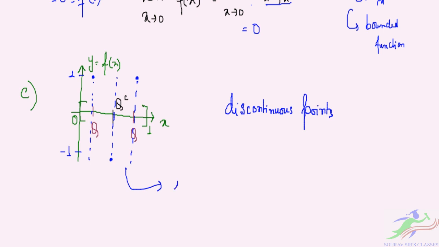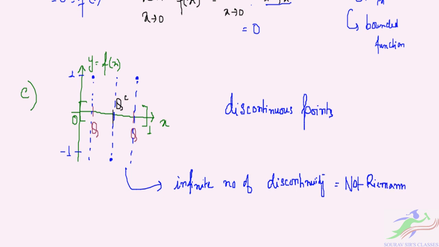We will get an infinite number of discontinuities. If we have a finite number of discontinuities, then you can say it is Riemann integrable, right? But for an infinite number of discontinuities, it is not Riemann integrable. So this option is incorrect. Option C is incorrect. Right.